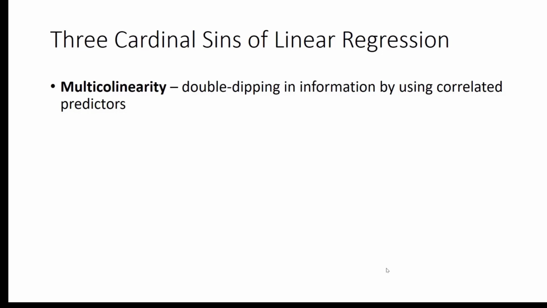If 2 predictors are correlated, essentially they share information, because knowing the value of one gives you a good sense of what will be the value of the other variable. So if you're including these 2 correlated predictors in a linear regression, you're double dipping in information because you're using the same information twice. That's called multicollinearity, and we're going to discuss this in a few minutes.